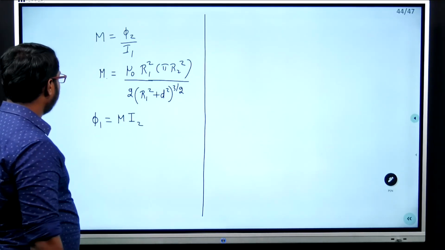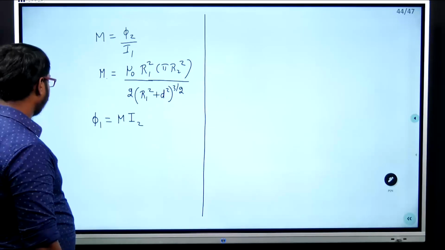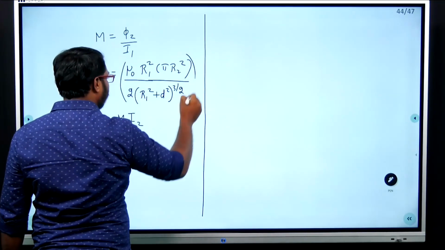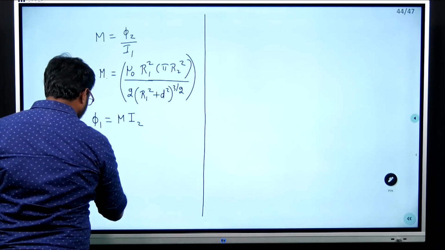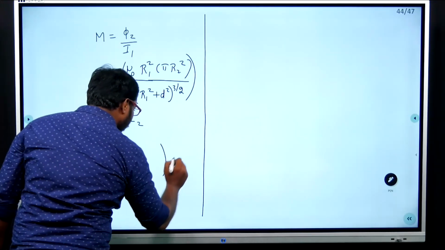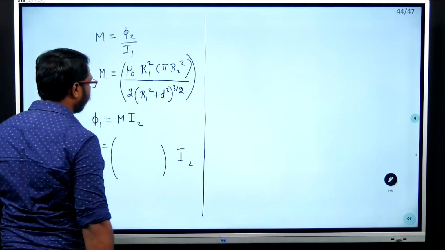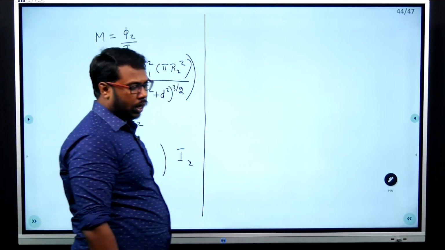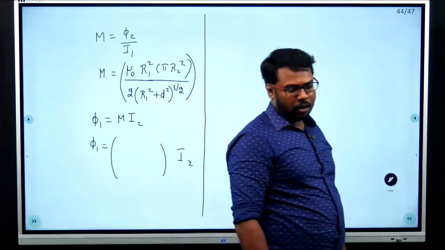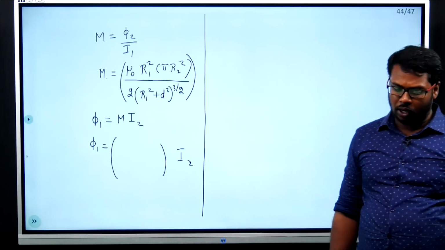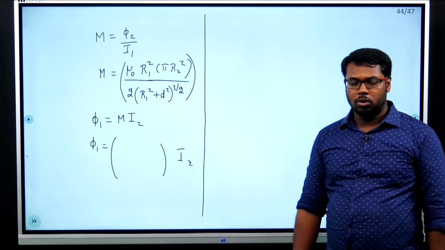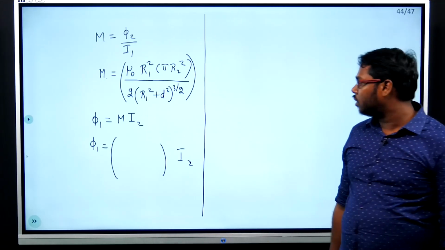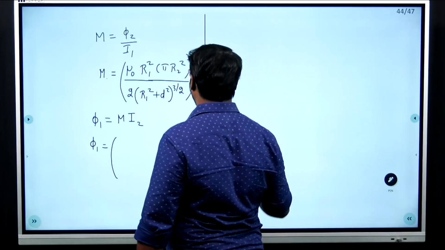I will use the entire M into this times I2. So now I will substitute each and every value that is given to us in here to finish it off.